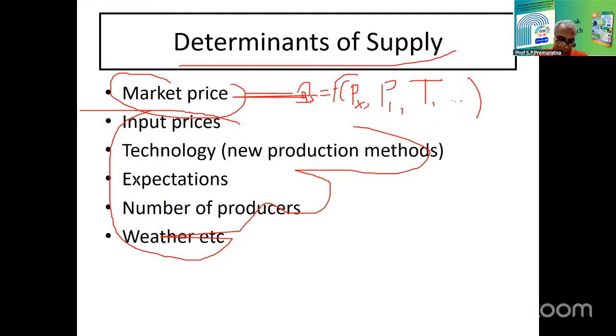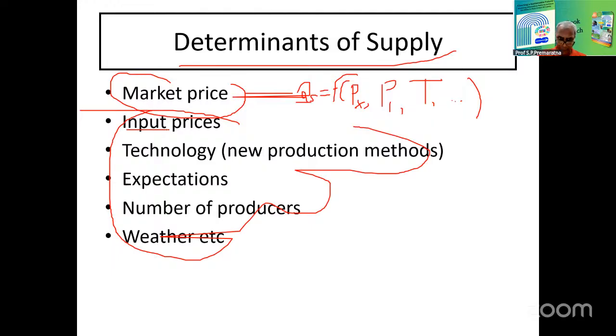For example, the government can subsidize technology improvement. The government can subsidize input prices. And the government can also tax input prices. So in that way, the government controls or handles supply.